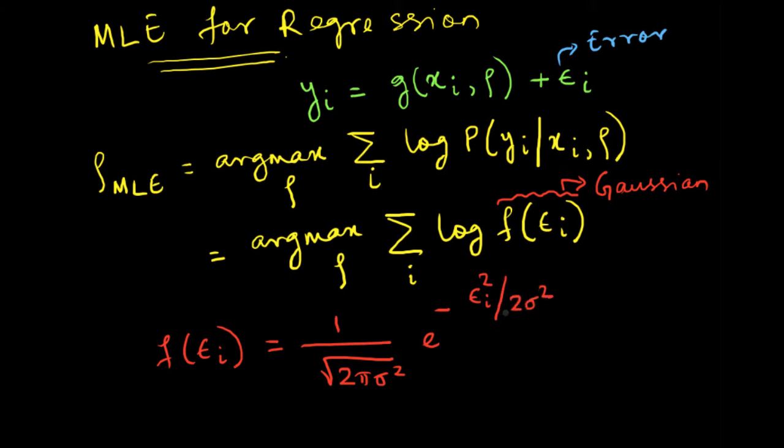So we are assuming a zero mean Gaussian noise, and this is how its distribution looks, and this sigma is the standard deviation of this noise.